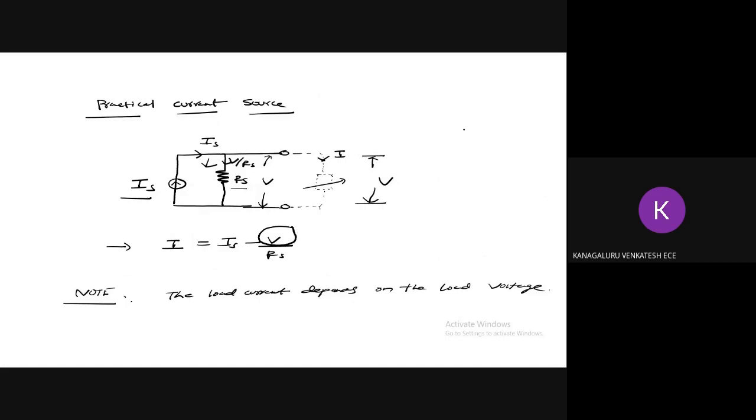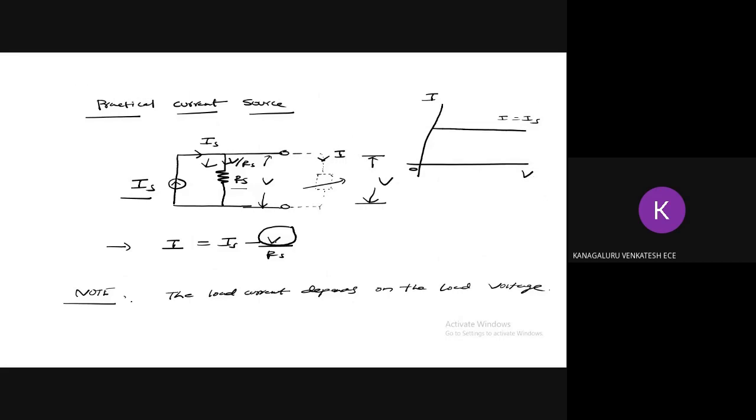Okay, the same thing can be represented graphically. So I'm just taking the x-axis and y-axis. On the x-axis, we take the load voltage because it depends on the load voltage V, and on the y-axis the load current. In the ideal scenario, we know that it is a straight line because I equals IS. Whereas in the practical case, it depends on the V value.